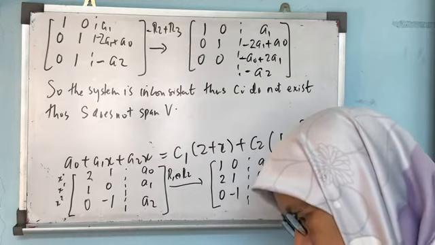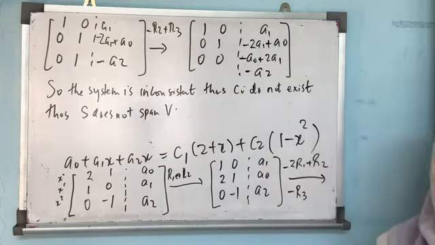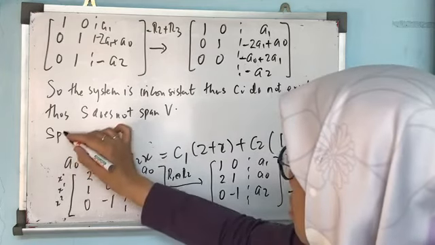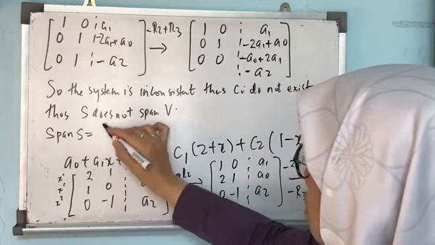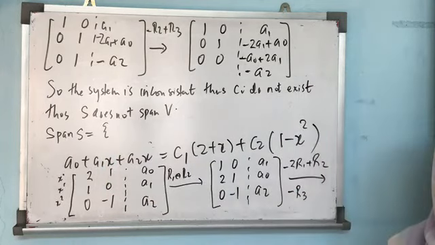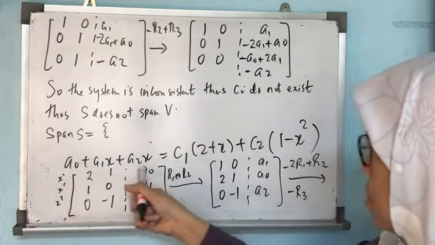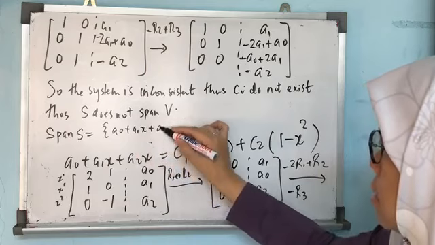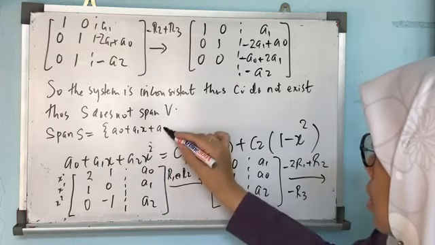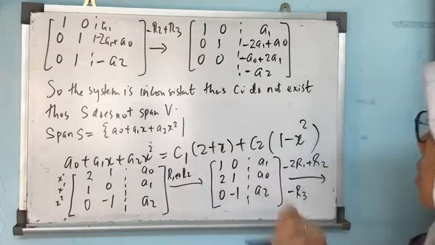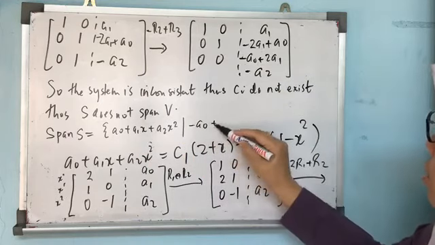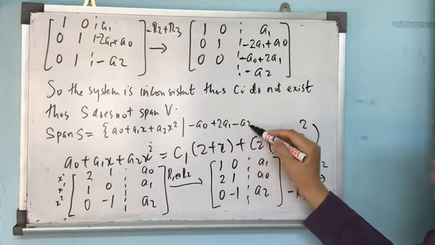Okay, and what is the span? Span S, now S is in terms of P2, this one, a0 plus a1 x plus a2 x squared, this is equal to 0. Negative a0 plus 2a1 minus a2 is 0.